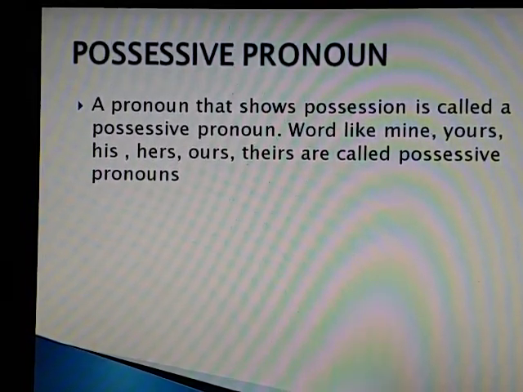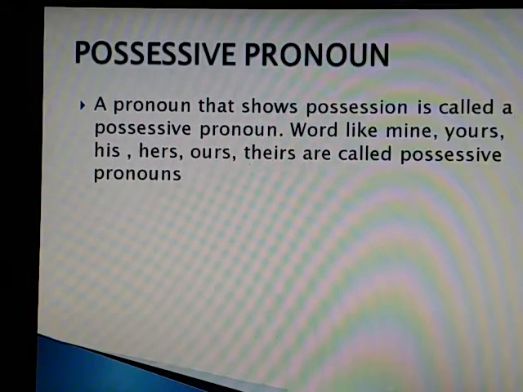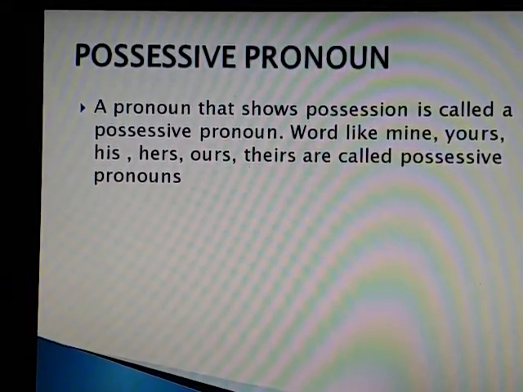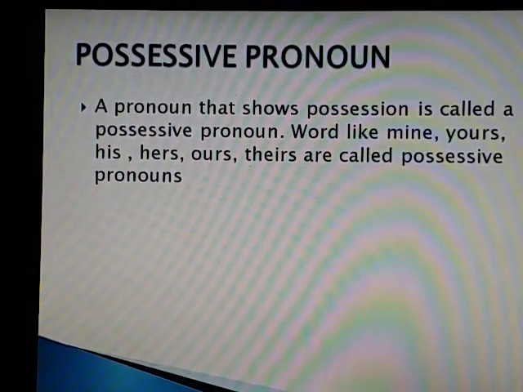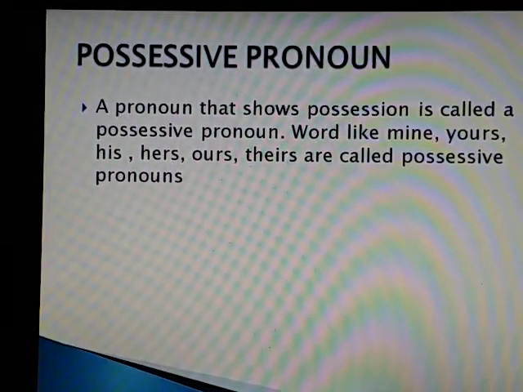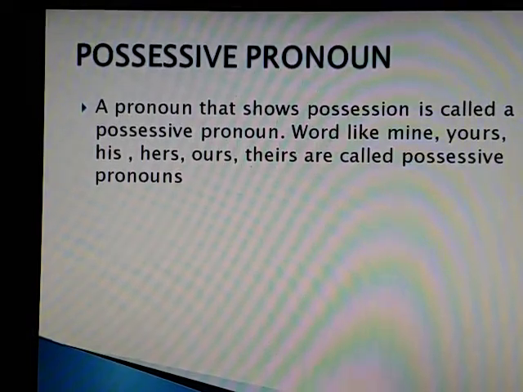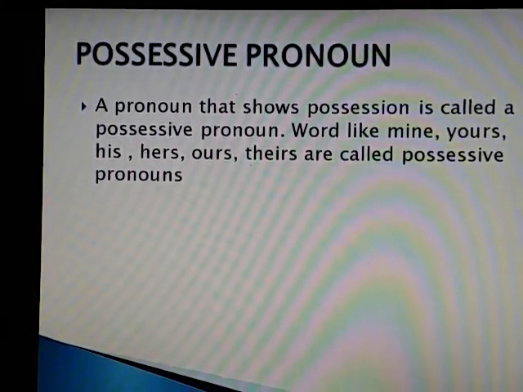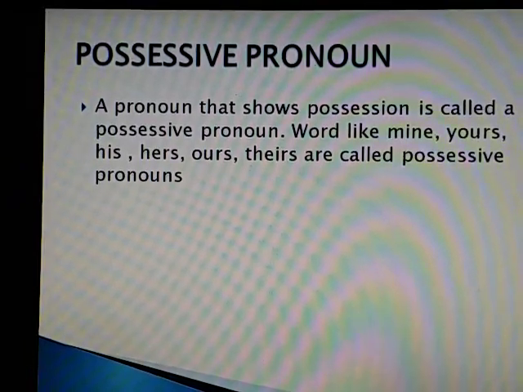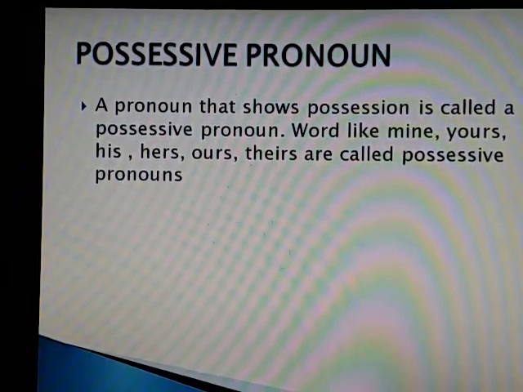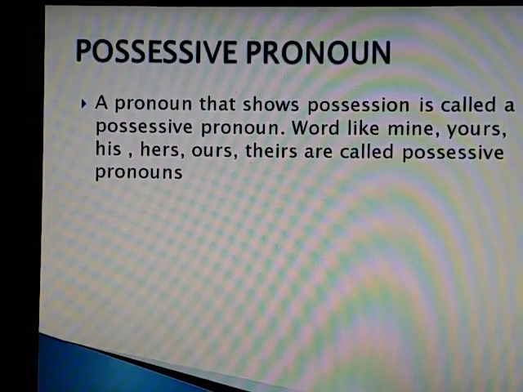Possessive pronouns. A pronoun that shows possession is called a possessive pronoun. Mine, ours, yours, hers, theirs are possessive pronouns because they indicate possession or relationship. Example: this pen is mine.